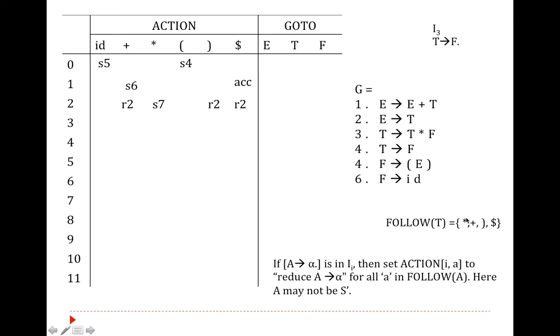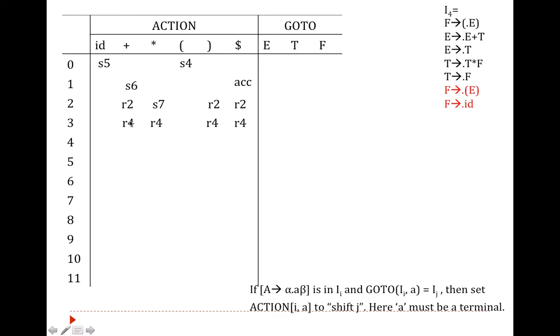Now A is all these terminals which are there in follow of T. So 3 with star, 3 with plus, 3 with closing bracket and 3 with dollar will get reduce by 4. So we get R4 in all these positions.